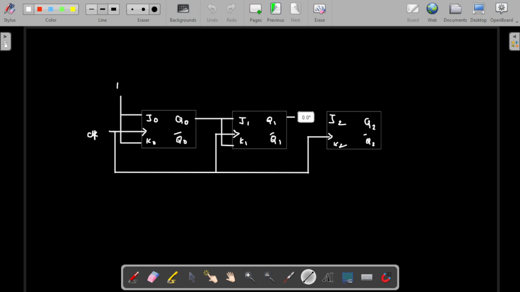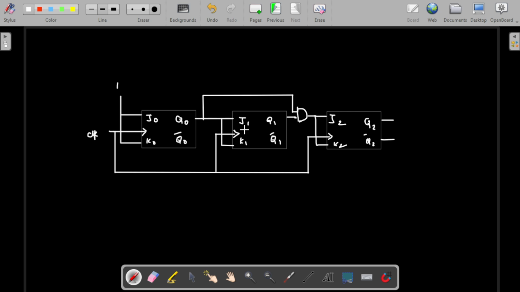Okay, so let me add the AND gate here. So both are ANDed and that output is given here, and the same output is given here. Okay, so then this output is taken this side.